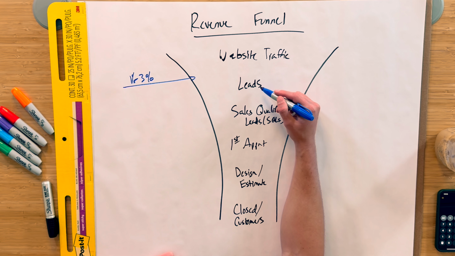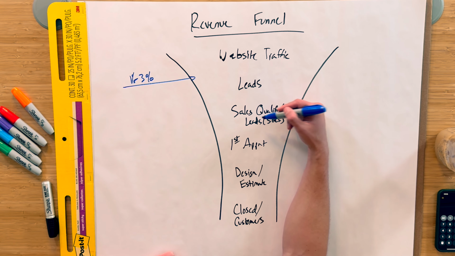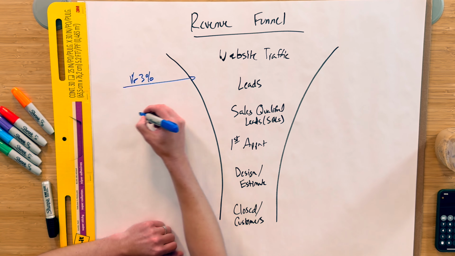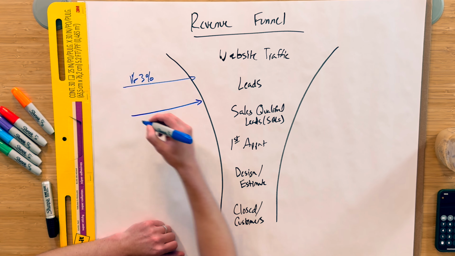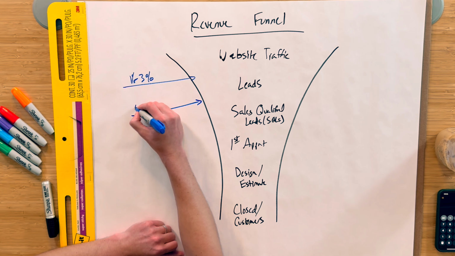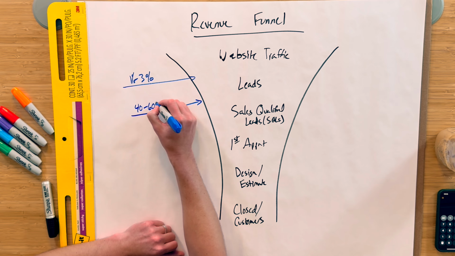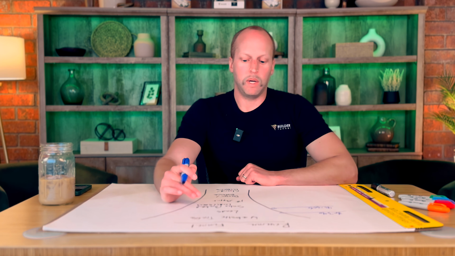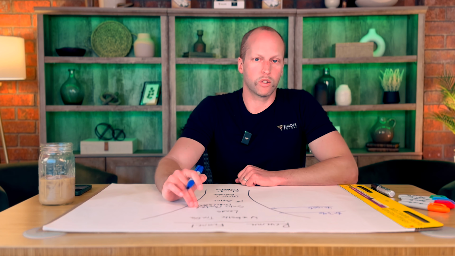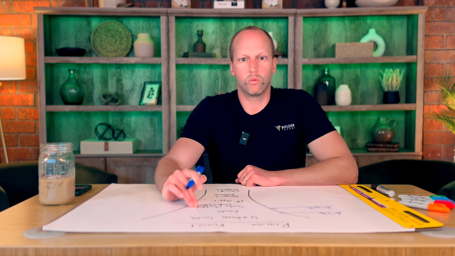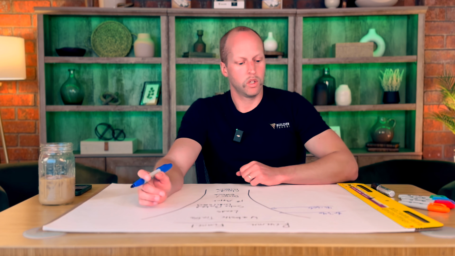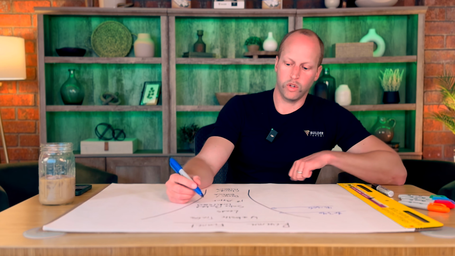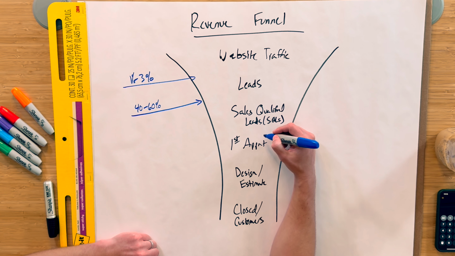Then once we've got some leads, the question is how many of those leads were actually the type of leads that we wanted. And so we're going to draw this here, and this is going to be kind of our 40 to 60%. So if you got 100 leads, maybe 50 of them were actually qualified people that you wanted to talk to. Okay, then we go from sales qualified lead to appointment.